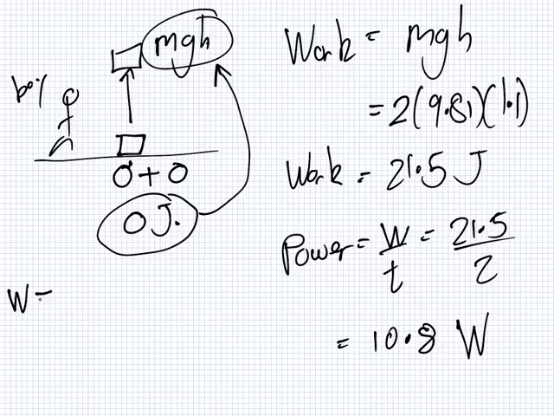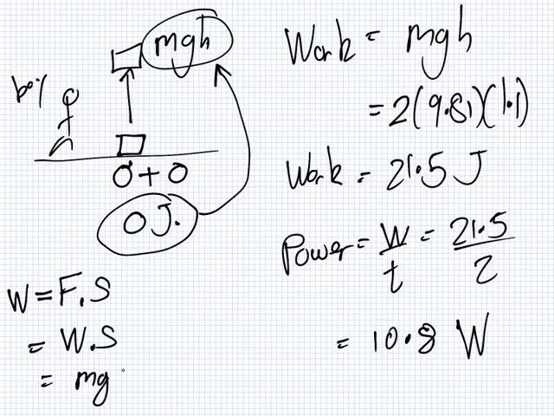Work equals force multiplied by distance. What's the force? The force is the weight, mg. S is the distance, the height. So that's m, g, so it's exactly the same. I didn't put 9.81. You used mass instead of weight. Did you write this down?